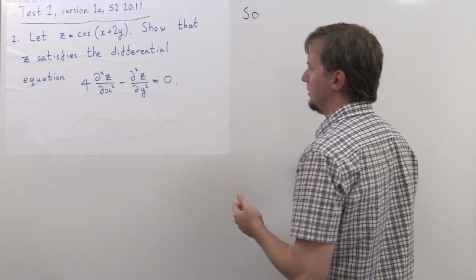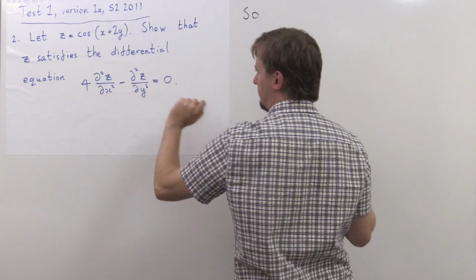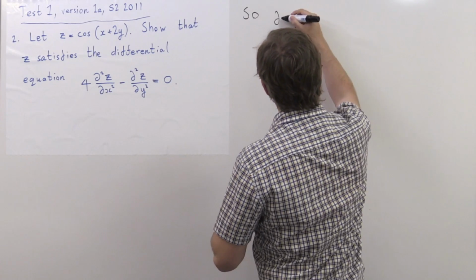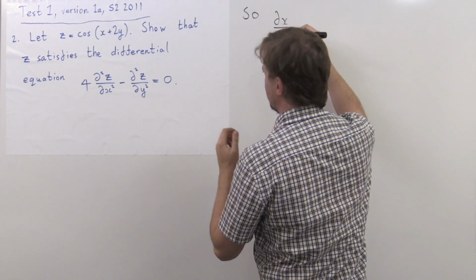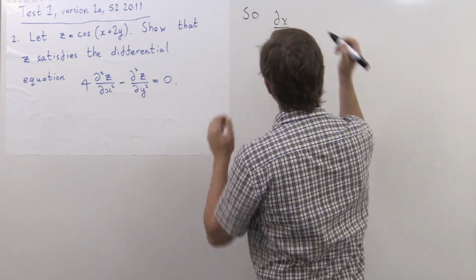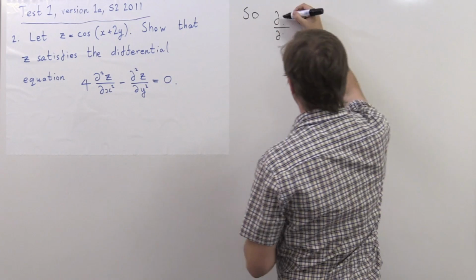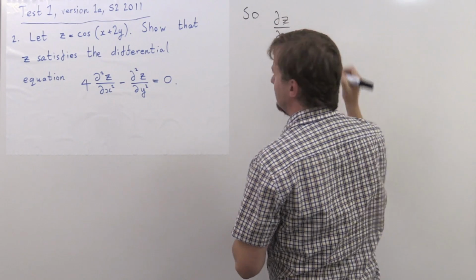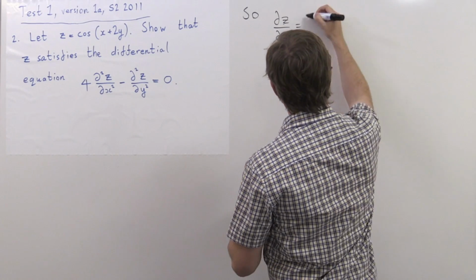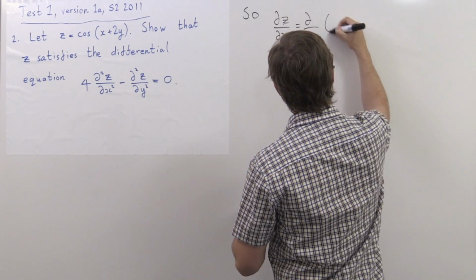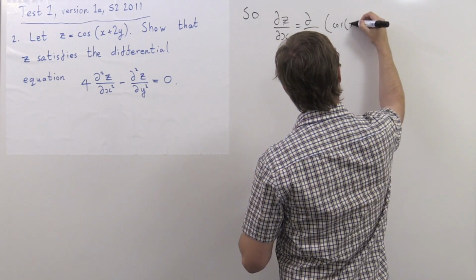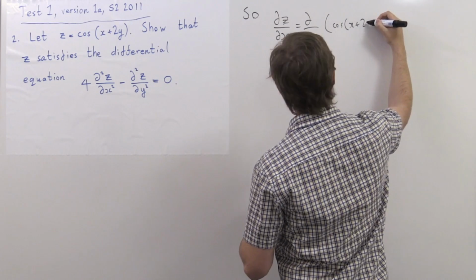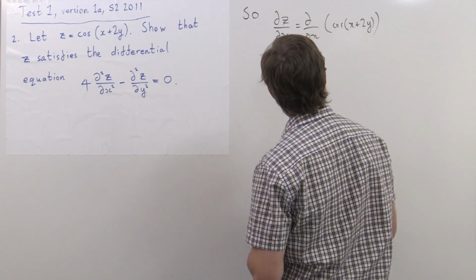So what is the partial derivative of z with respect to x? We'll need that first. We're going to calculate the second derivatives. So dz/dx is just going to be the partial derivative of cos of x plus 2y.